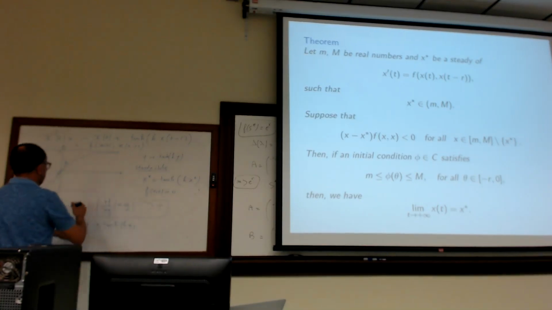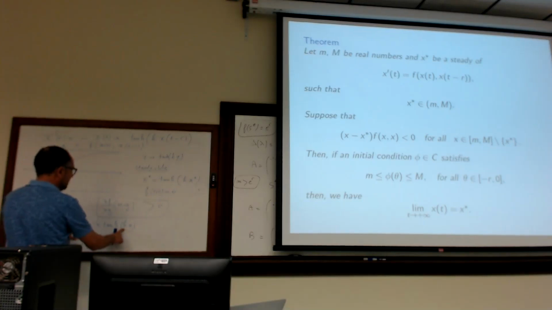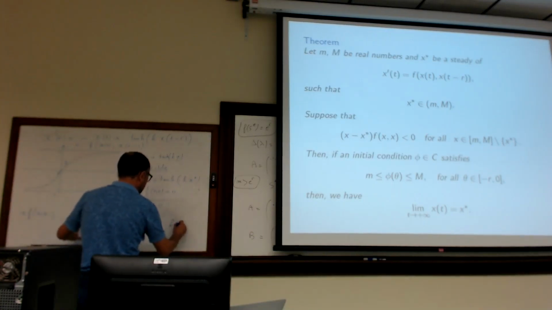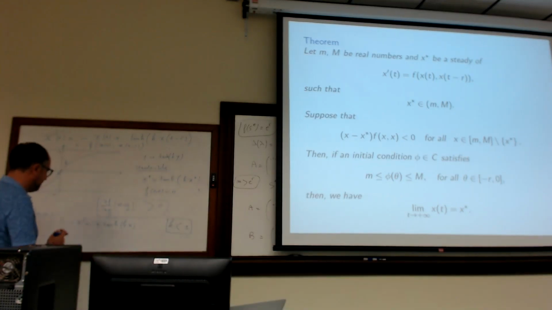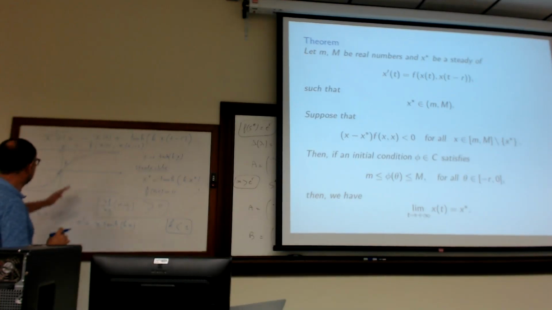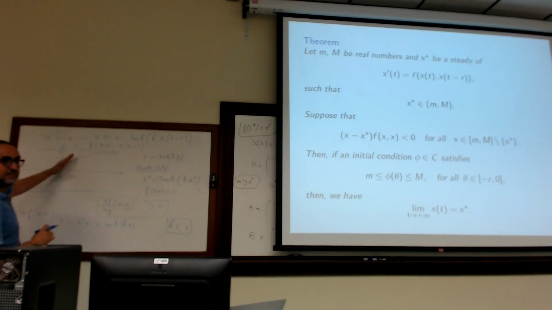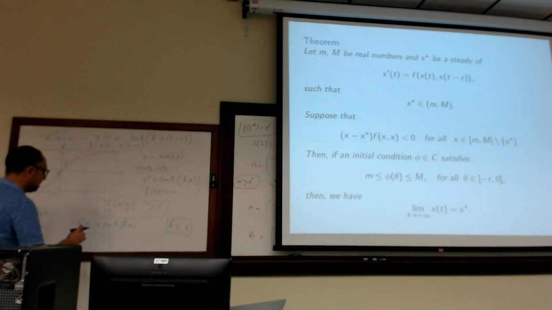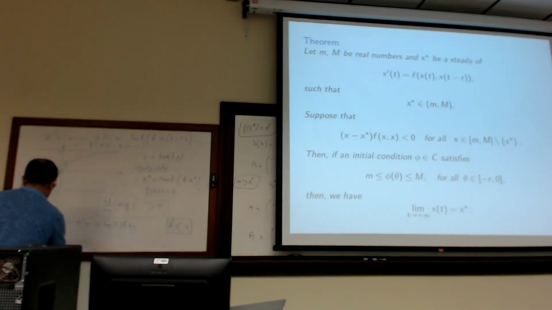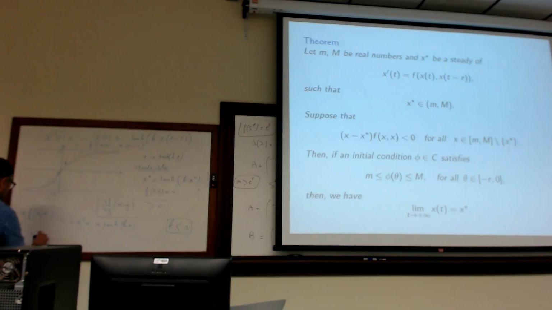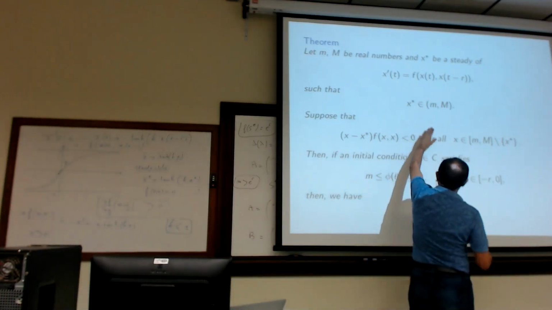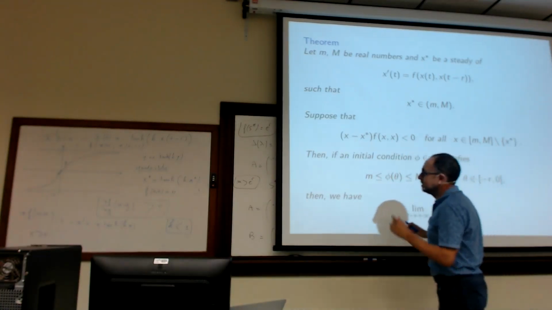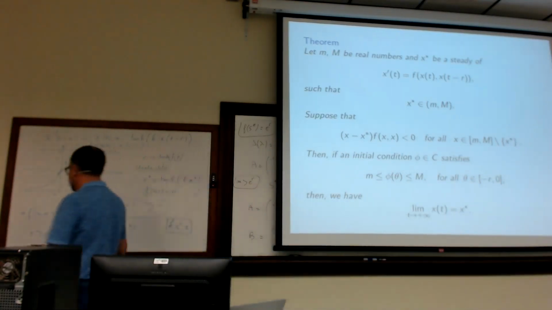Yes, we can do it here, because if k is less than 1, then this is negative. Because we have to take off 0, of course, we have to check x positive and x negative.